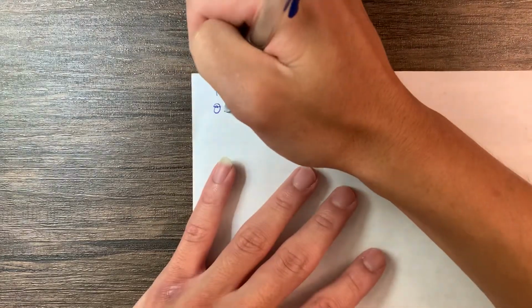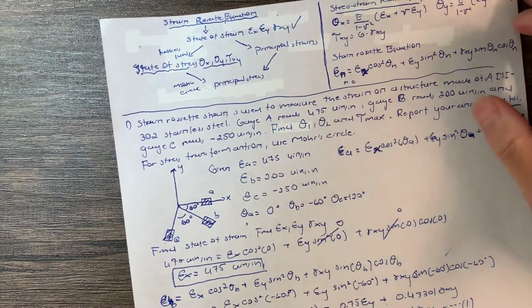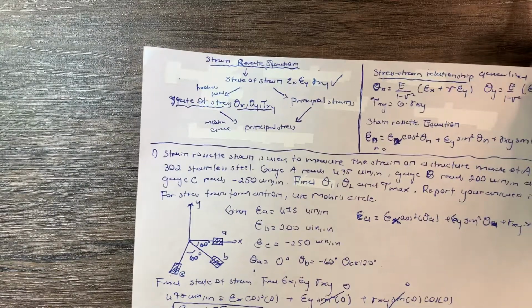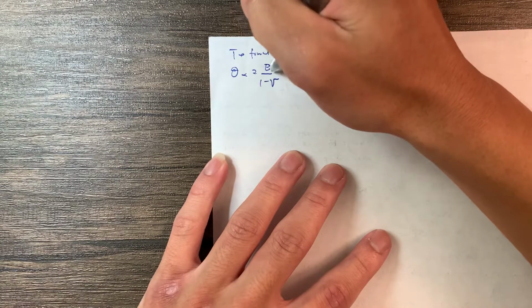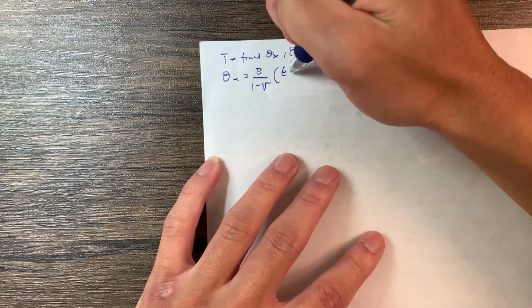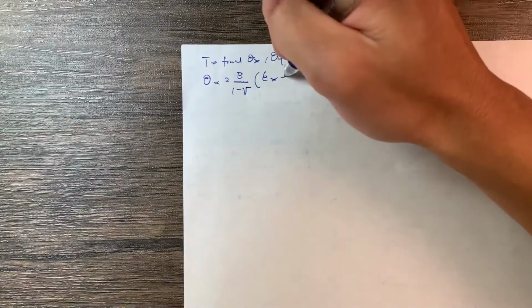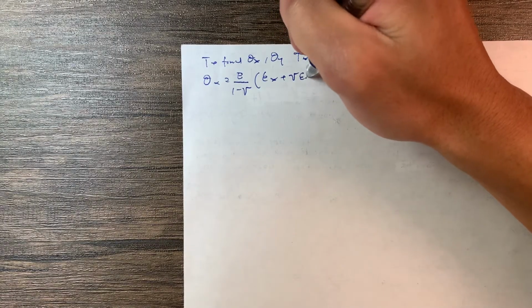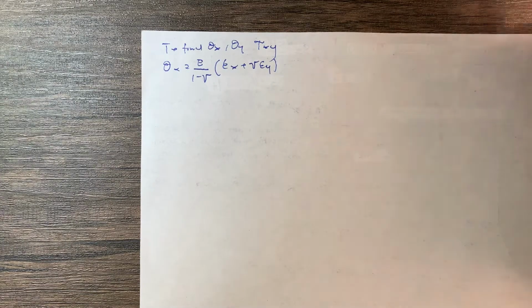So sigma x is equal to E, the modulus of elasticity or Young's modulus, over 1 minus Poisson ratio squared, times epsilon x plus Poisson ratio times epsilon y. Sorry, I keep saying sigma x, but it's actually epsilon.